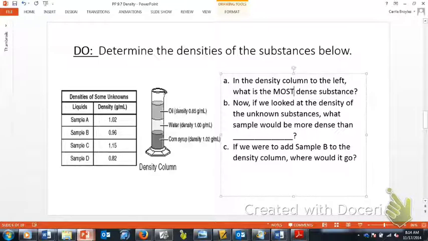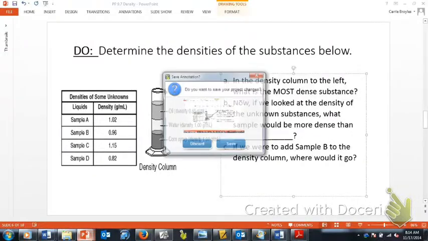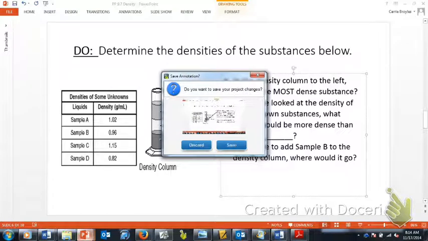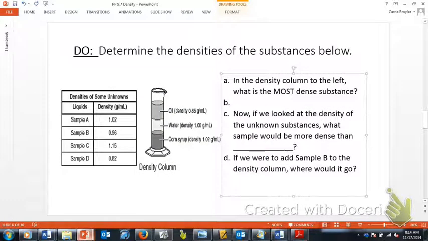And so when we're looking here, we're going to be looking at this layer where the corn syrup is, because it is on the bottom. So your answer for which one is the most dense is going to be the corn syrup.